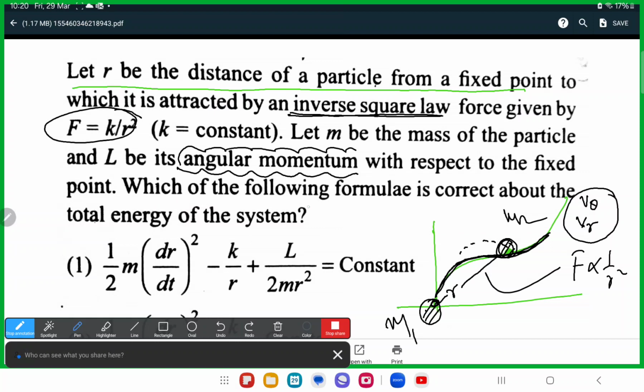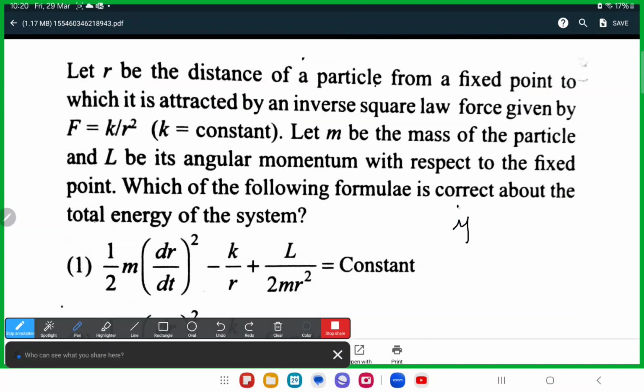Now which of the following formulas is correct for the total energy? Once again, if the conservative force is there, we can say the total energy will be the sum of kinetic energy plus potential energy.